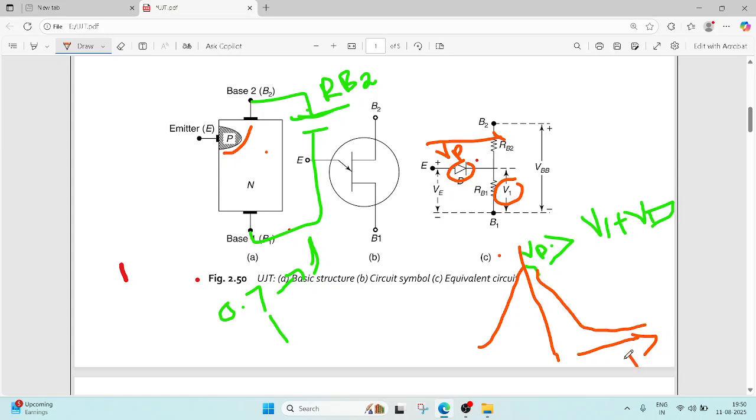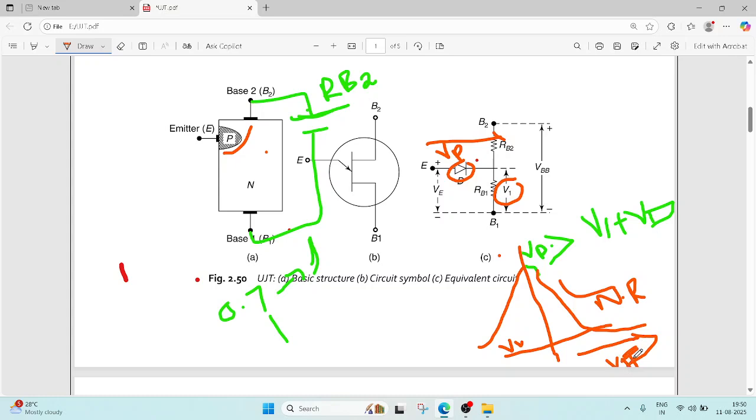The current increases and the voltage decreases. This region is called the negative resistance region. Now this is called the valley voltage, and this is called the valley current.